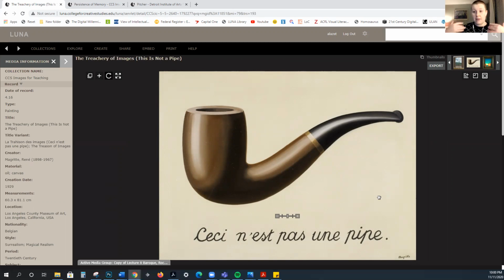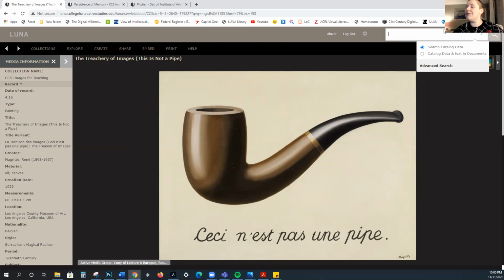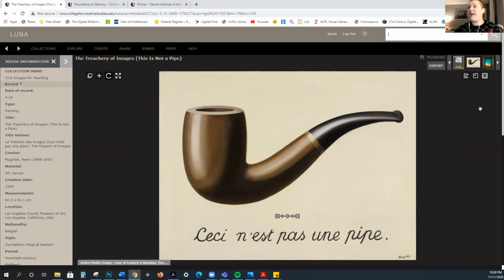So this is meant to be taken literally. This is not a pipe. You cannot smoke it. You cannot cut it out and use it as a pipe. It is simply a two-dimensional depiction of a pipe, hence the treachery or treason of images. So it's an idea that painting is not the truth, right?